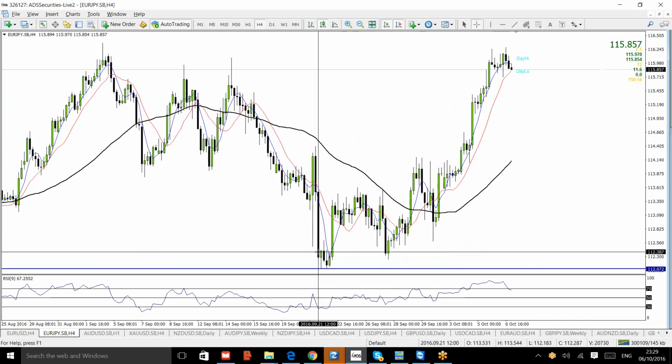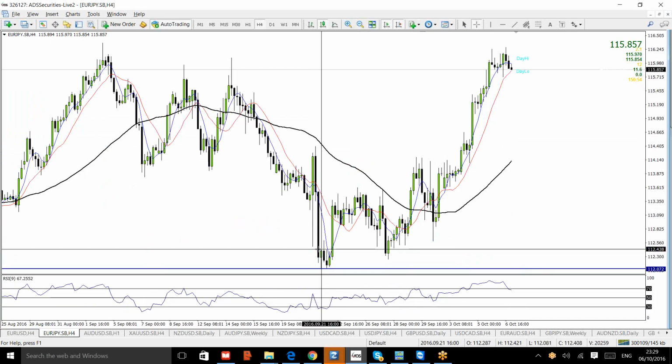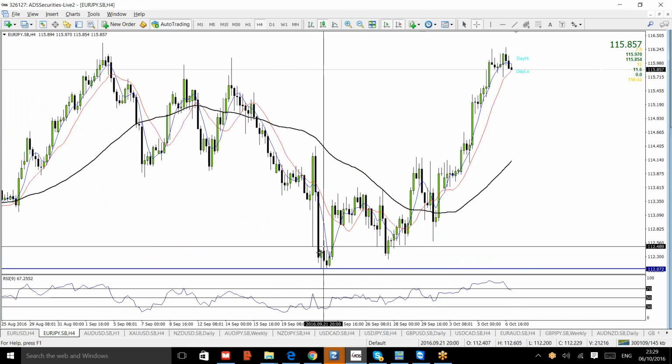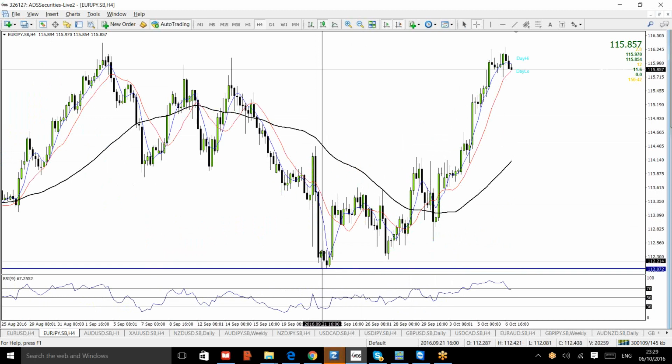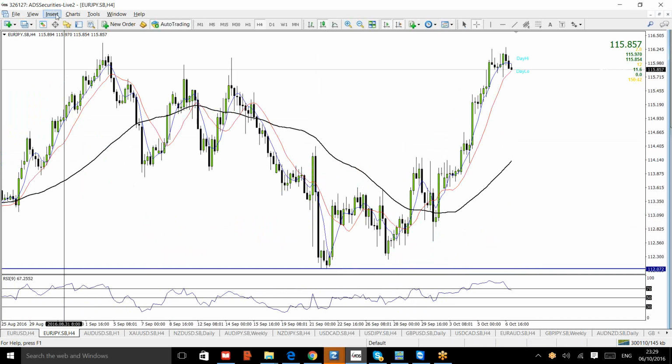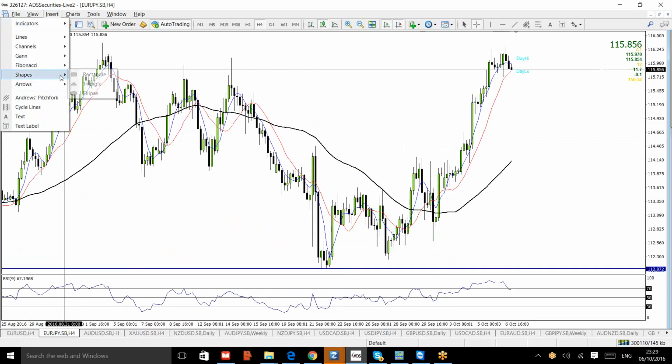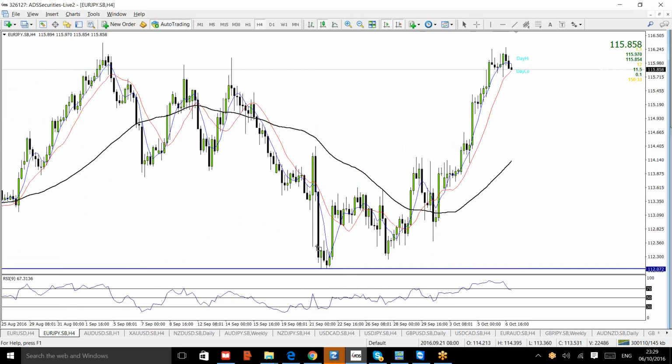Now the price came down, and this was your first candle, right? This is your first candle. Do you all see this? Liz, can you see this, right?